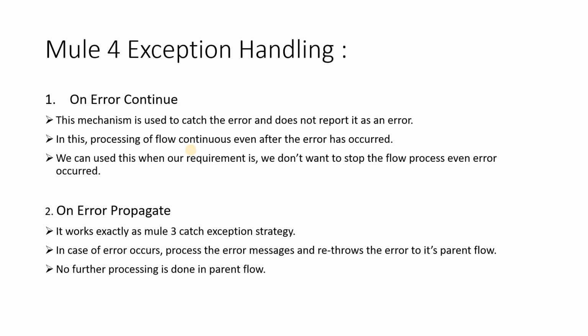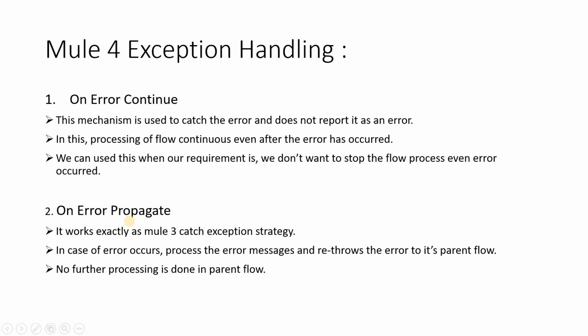We don't want to stop the flow when an error occurs for a particular component, and we can just move further to the next process. In that case we can go for on error continue.